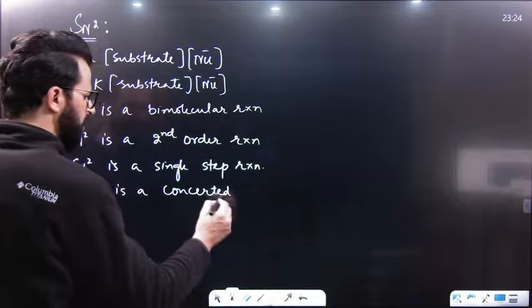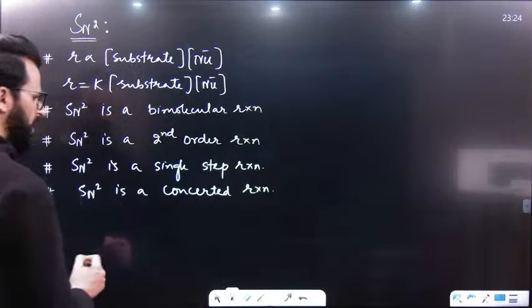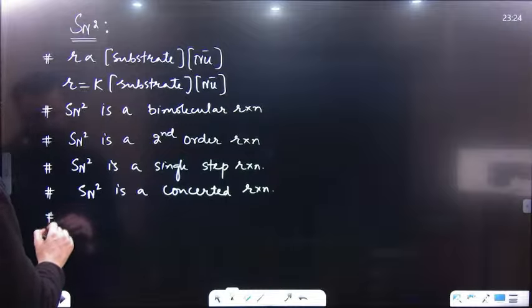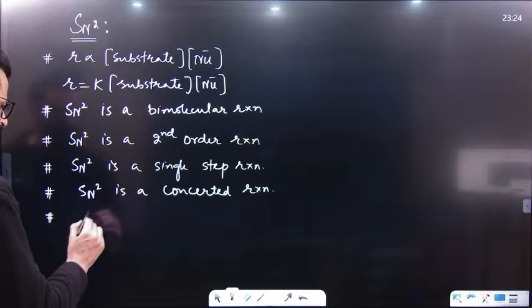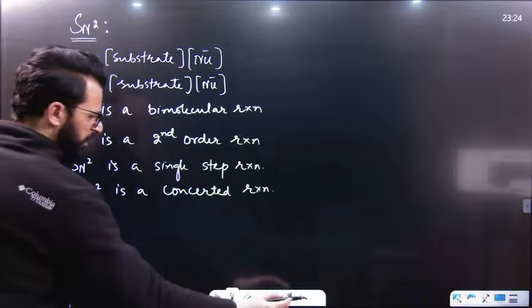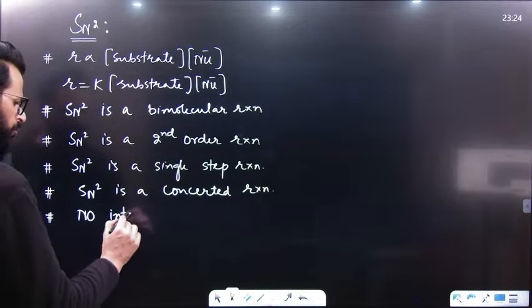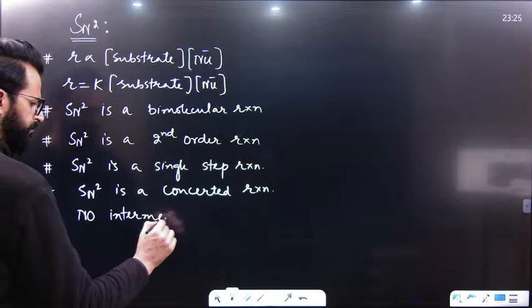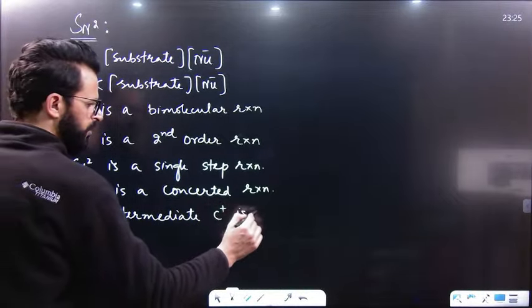So it's a concerted mechanism. After that, remember, we can simply say no intermediate carbocation is formed during this reaction.